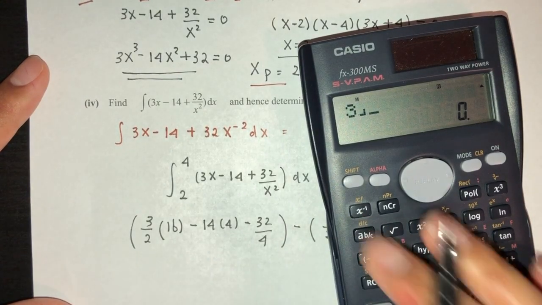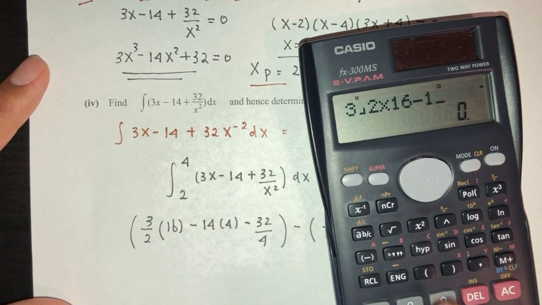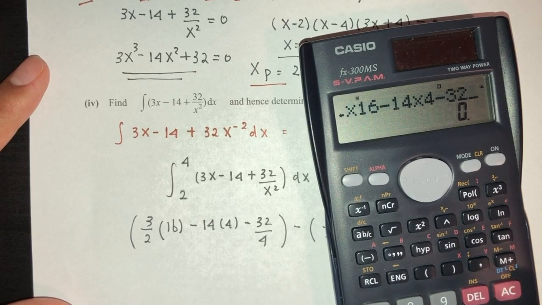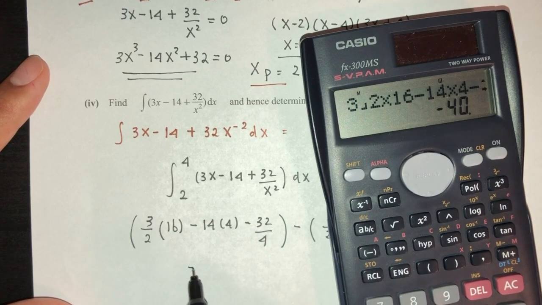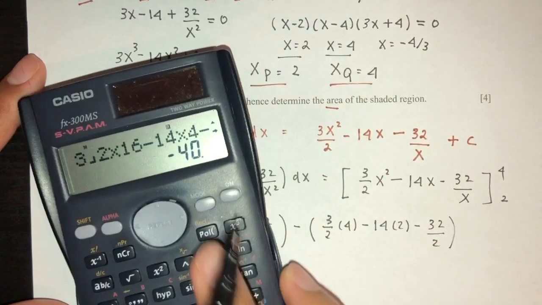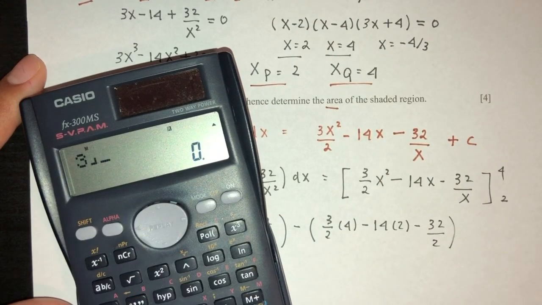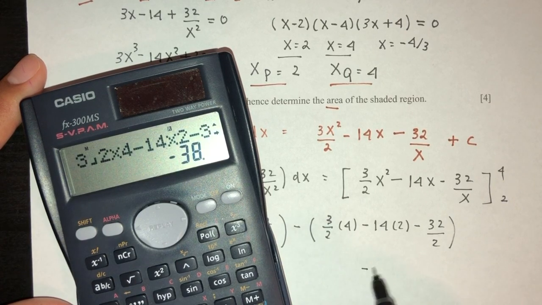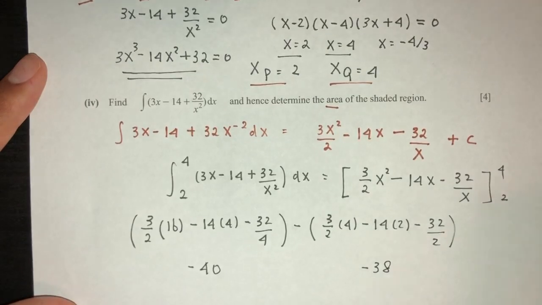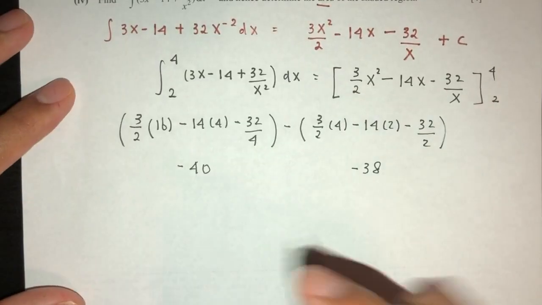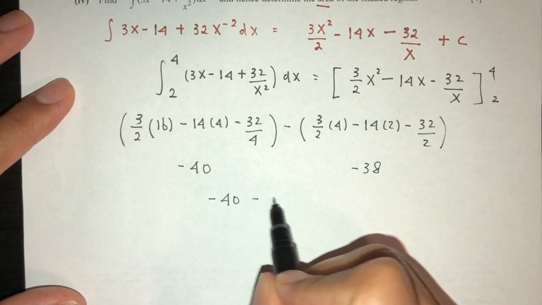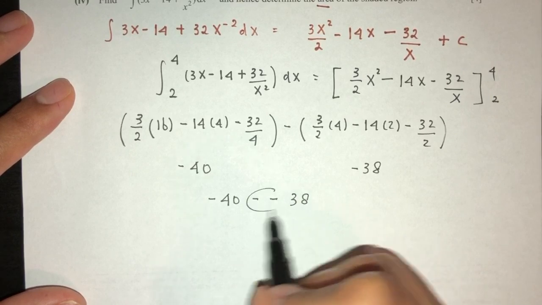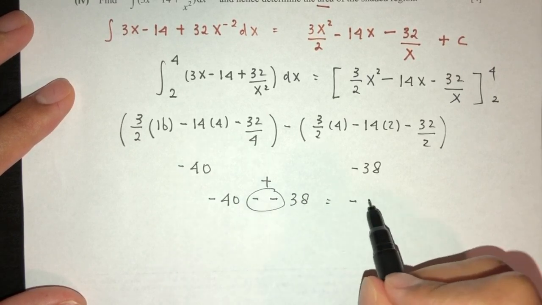The first one will be 3 over 2 times 16, minus 14 times 4, minus 32 divided by 4. That should be minus 40. For the second one, 3 over 2 times 4, minus 14 times 2, minus 32 over 2. That should be minus 38. Now simplify: minus 40 minus minus 38 will be plus, which is minus 2.